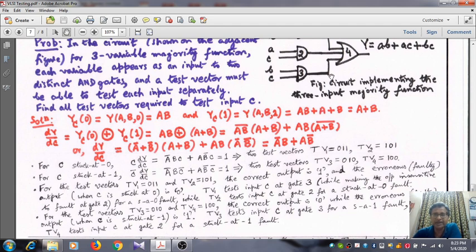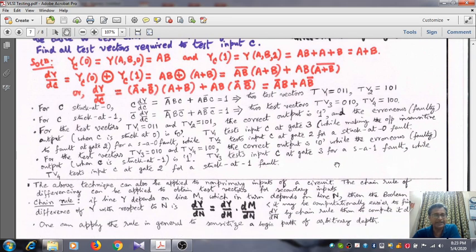So you get a 1 here. So the faulty output is logic 1 and the correct output is logic 0. Okay, so the erroneous or faulty output is 1, whereas the correct output is 0. And similarly, TV4 equal to 1, 0, 0 tests for the stuck at 1 fault occurring at C. Clear? So this is about the stuck at 1 fault and stuck at 0.